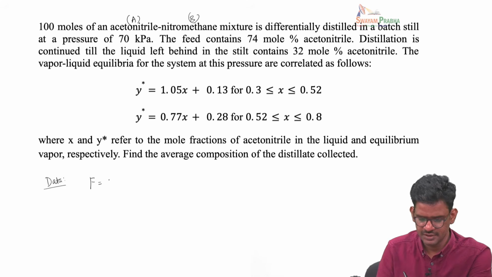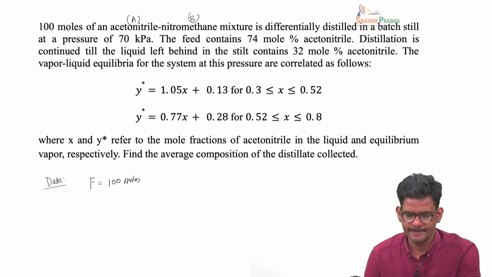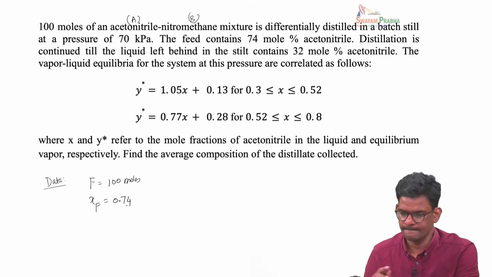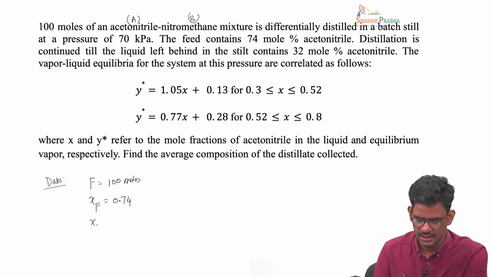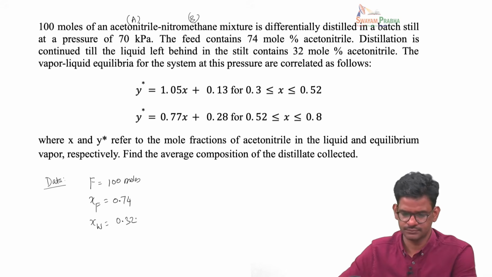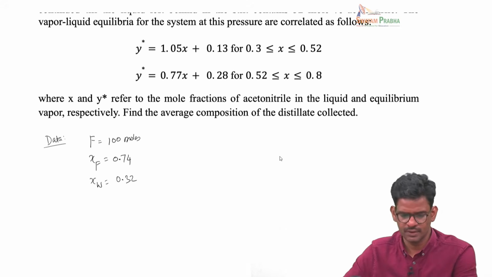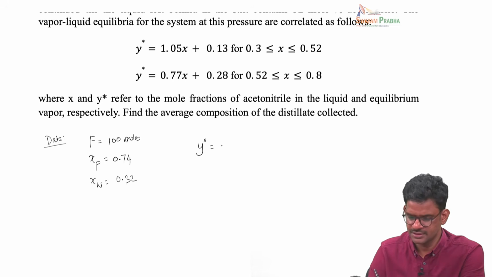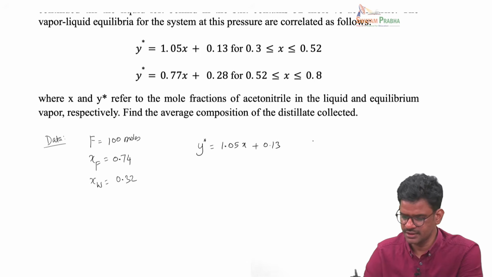So, F is 100 moles, the feed composition is 0.74, and XW is 0.32. We have the equilibrium line y star equals 1.05x plus 0.13.